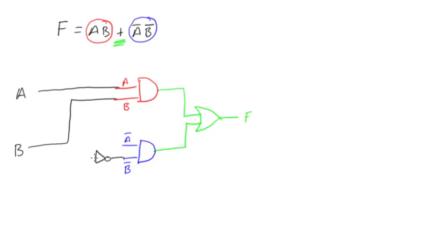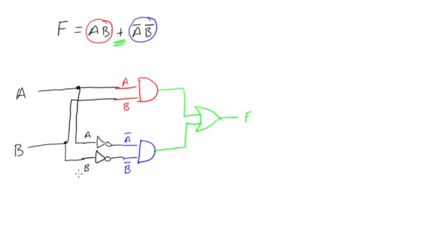So we need to create a NOT gate there and another NOT gate there. This input has to be a B and this input has to be an A. So we can connect that A to that A, and we can connect this B to that B, and there we have our logic circuit.